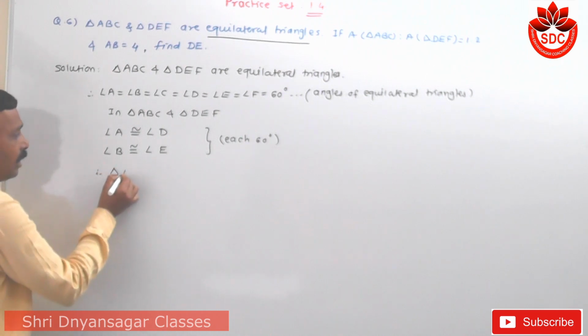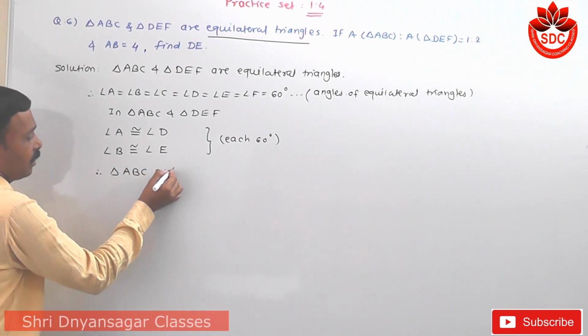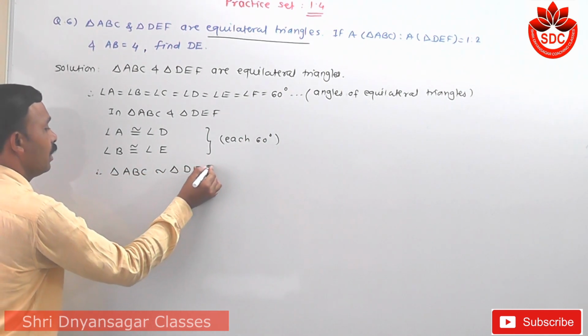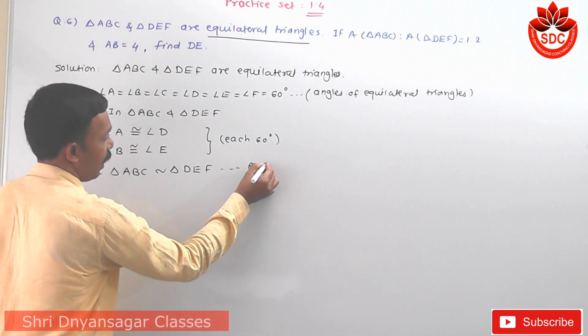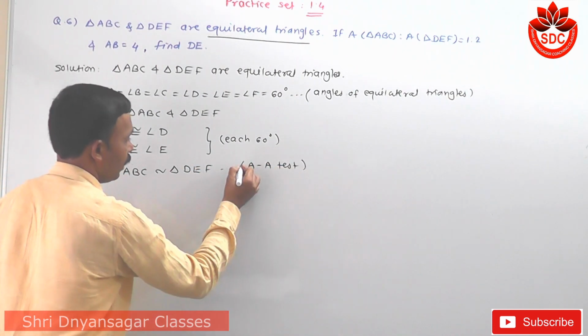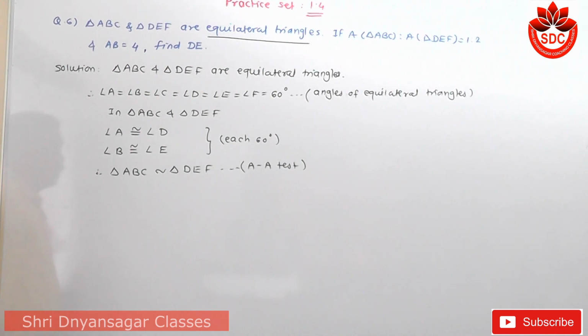Therefore these two triangles, triangle ABC is similar to triangle DEF by using the AA similarity test. Now, these two triangles are similar.